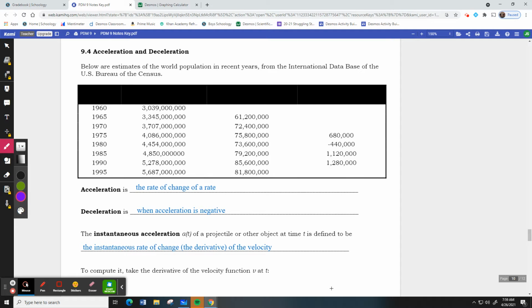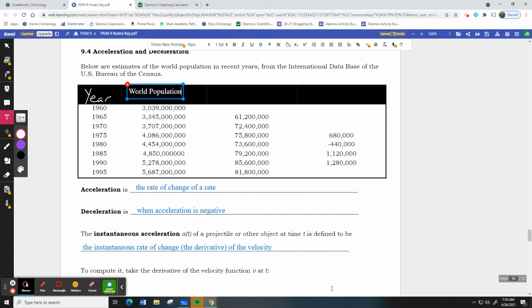And this right here is, let's see if I can do this, the year. This is the world population. I'm going to type it, it'll be better. And then this is the average rate of change during the previous 5 years.